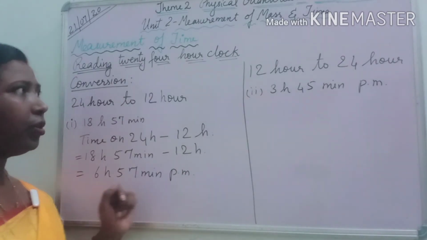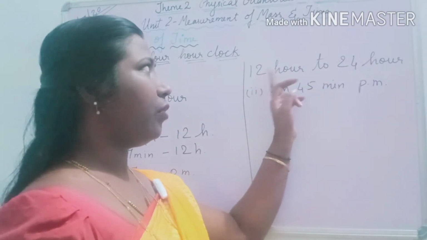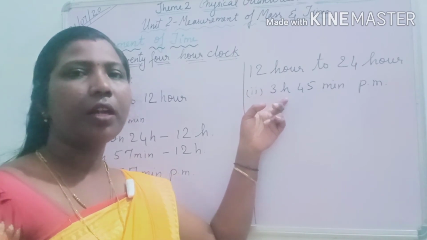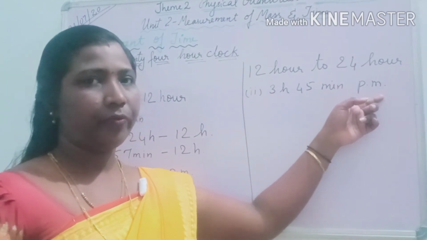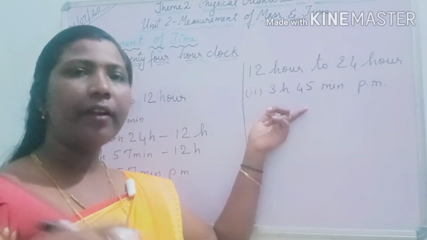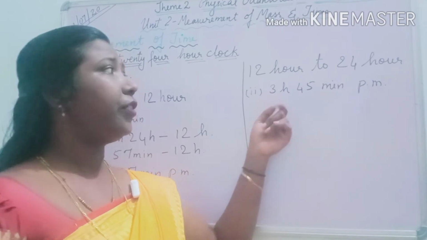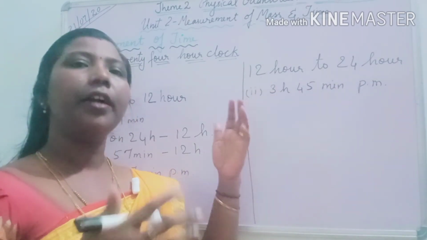Now I have taken the second part, converting 12 hour to 24 hour. In this case also the same thing happens. When 3 hour 45 minutes PM is given, then only we will add 12 to the hour. If it is given AM, it will be noted as it is.